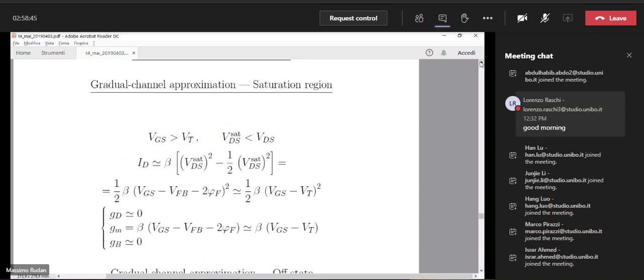In saturation, since the slope of the characteristics is essentially negligible, the output or drain conductance is 0.